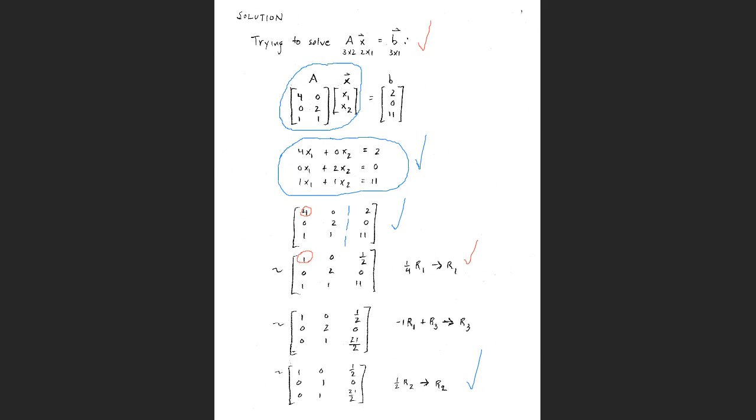Then I want to produce 0 in this last row here, so I'm going to multiply the first row by -1 and add it to the third row and put the result in the third row. Okay, let me give you a moment to catch up here.